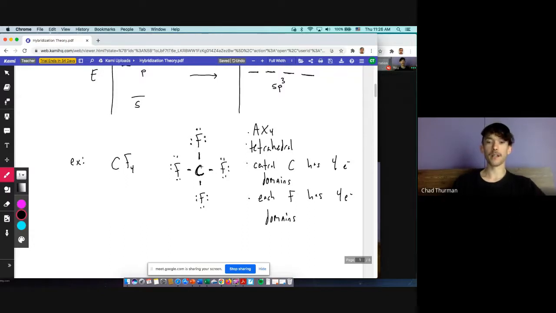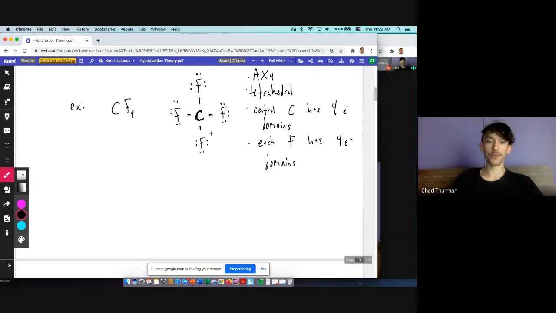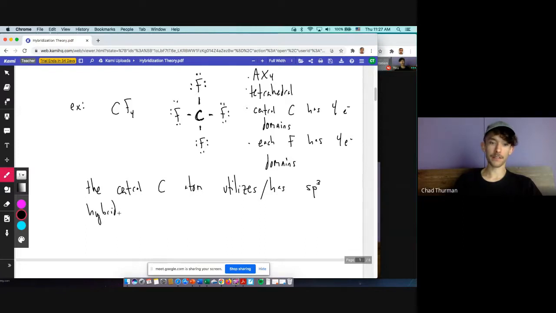Anyway, so we would say that the central carbon utilizes, or has, sp3 hybridization. What does that mean?